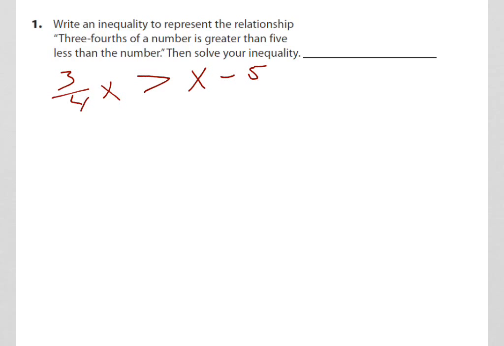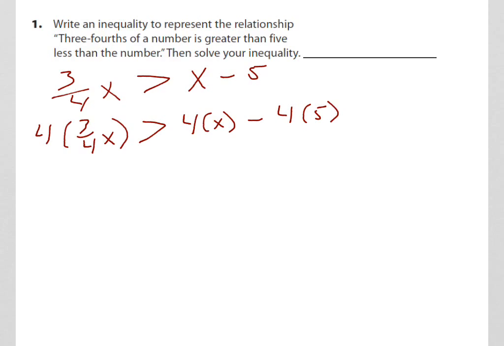So, again, we're involving a fraction. In order to look at the fraction, we see that the least common multiple is 4, so let's multiply every single term by 4. So we have 4 times 3/4 x is greater than 4 times x minus 4 times 5.